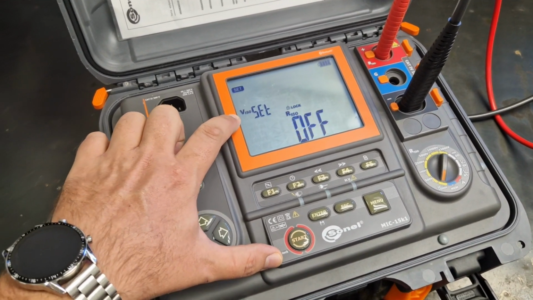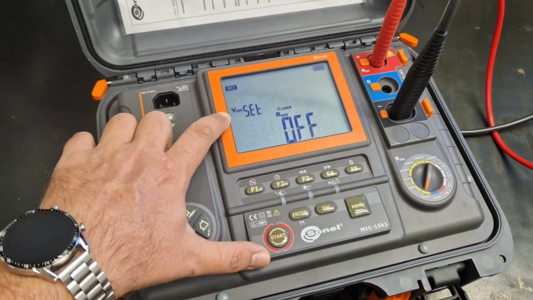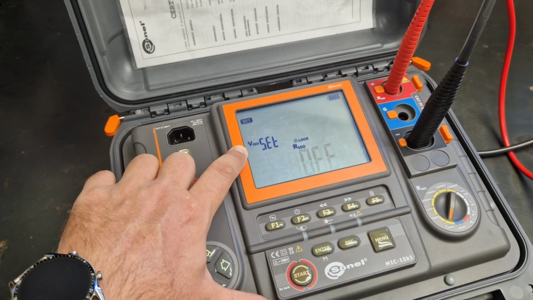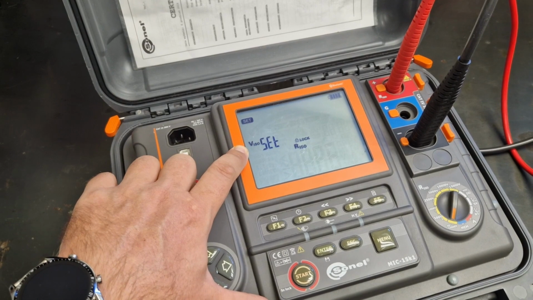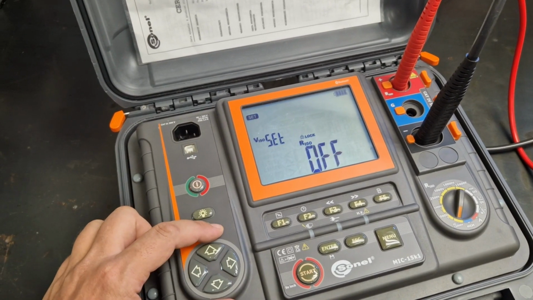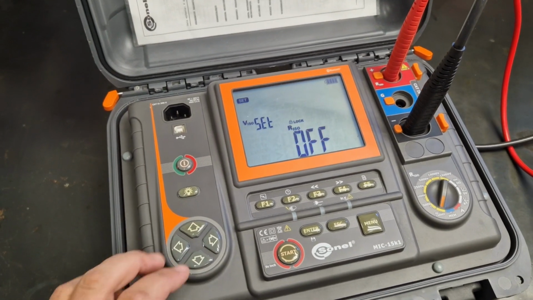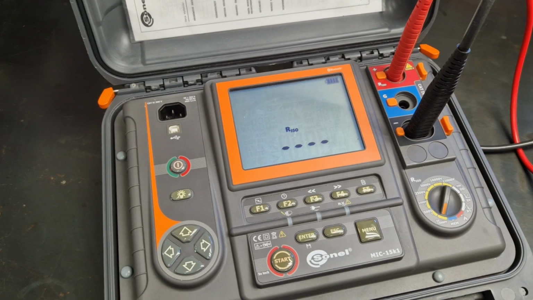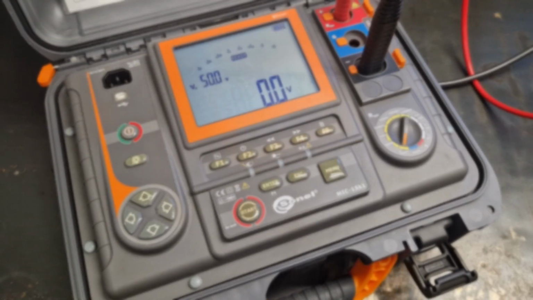So this is V ISO set. This feature allows us to set the test voltage of the insulation during the measurement. So I will go on, press enter, and the meter will turn on.